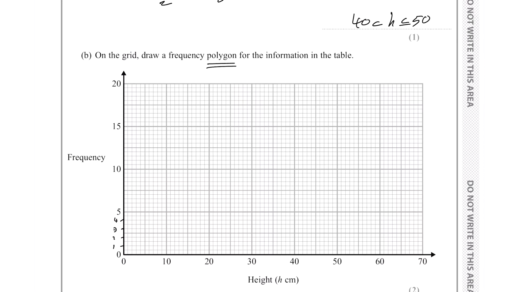So 15 is going to be here, and 7, so we have 5, 6, 7, it will be there. The next one is 25 and 13. 11, 12, 13. The next one is 35 and 14.